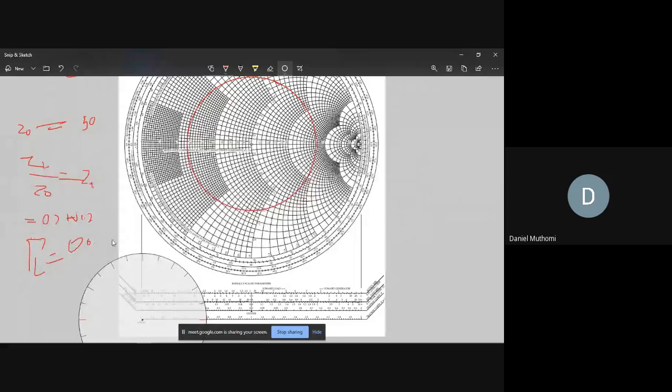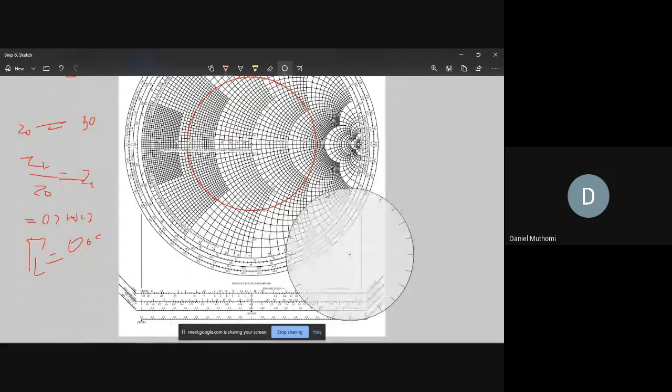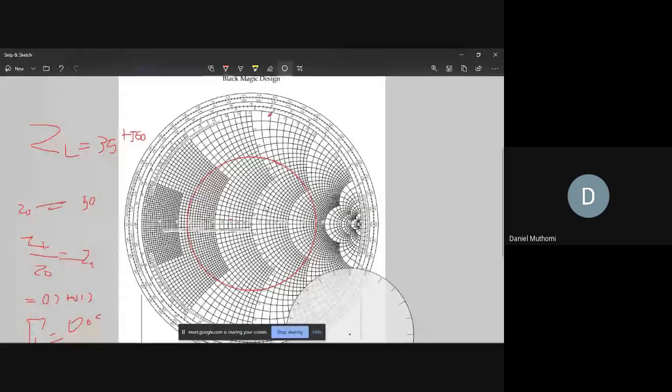Then for this ratio, the first part is 0.6, and it also has an angle. For this angle, usually you draw a line straight from the 1.0 through your intersection point, and you make sure it extends beyond.